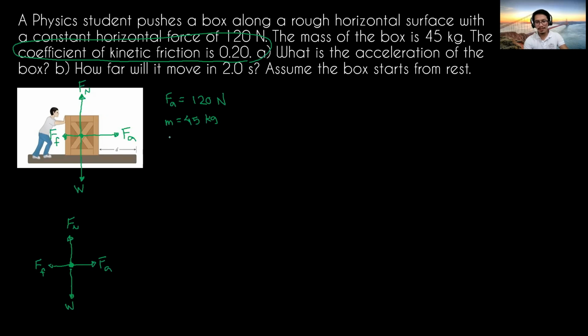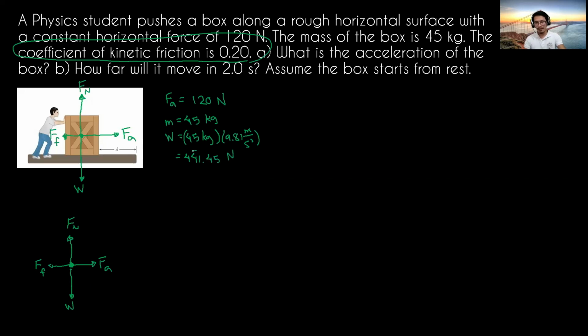Now, kapag given si mass, then you can calculate automatically the weight. Kapag given si mass, di ba? Masolve lang na diretso ang weight. That is just 45 kilograms times 9.81 meters per second squared. And that will give us a weight of 45 times 9.81, 441.45 Newton.